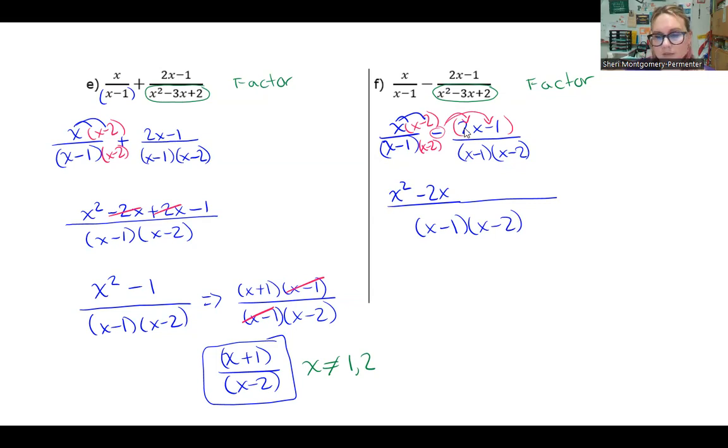Minus 2x minus negative 1, so that becomes positive 1. At this point, I have minus 2x and minus 2x, so that makes minus 4x.